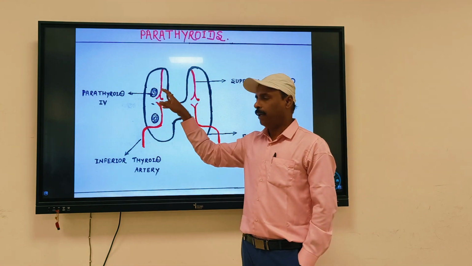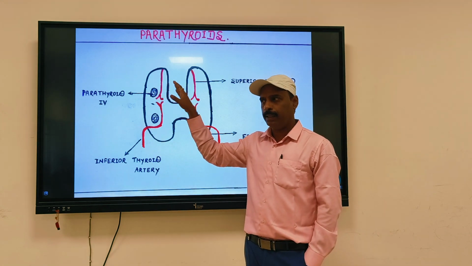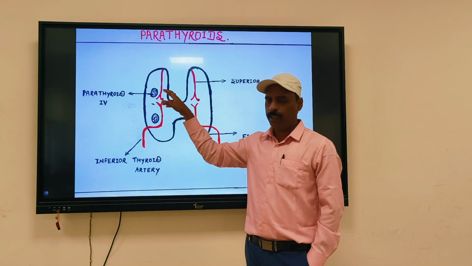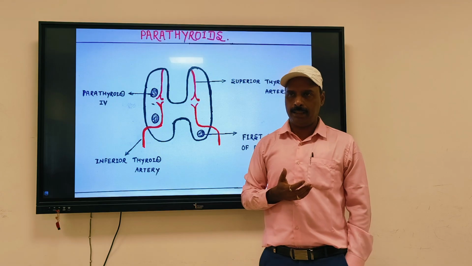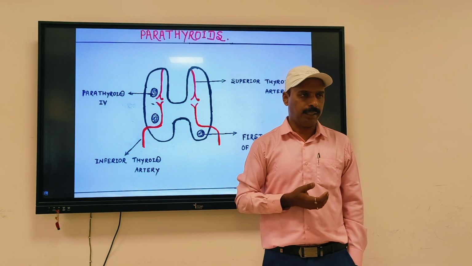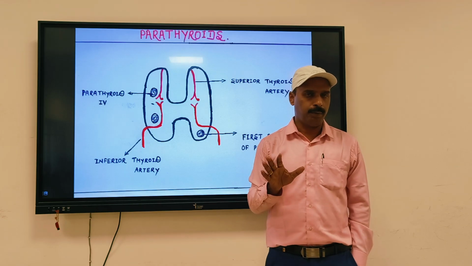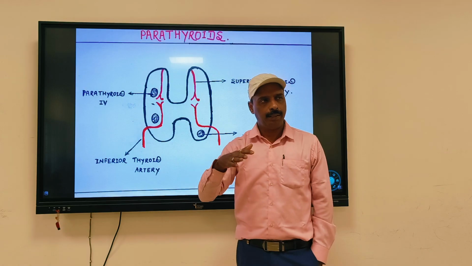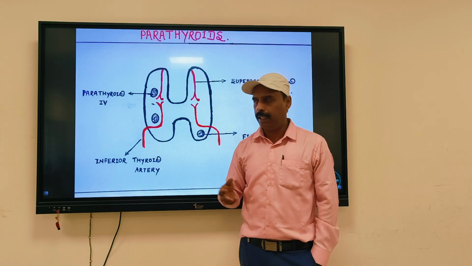So I have told the blood supply will be the superior and inferior thyroid arteries. The superior thyroid artery is a branch of the external carotid. The inferior thyroid artery is a branch of the thyrocervical trunk. It is also very important. Then the venous drainage will be the same: superior, middle and inferior thyroid veins drain.